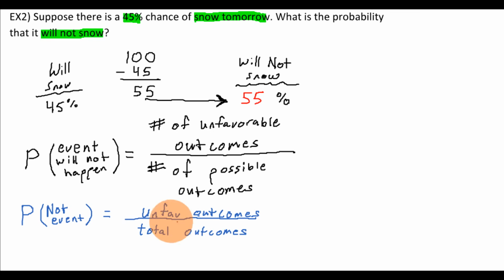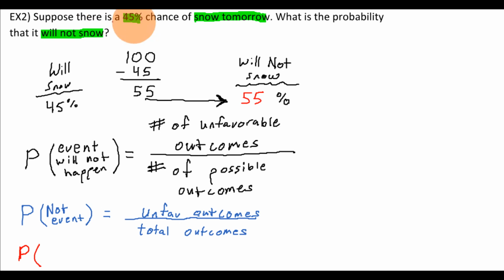Great, so we have our setup here, but how could we use this setup to help us actually create a fraction that would give us 55%? Well, let's go ahead and change pen colors and see how it would look. So I'm going to write the probability of an event not happening. Well, let's look in our sentence for what we're looking for, an event not to happen.